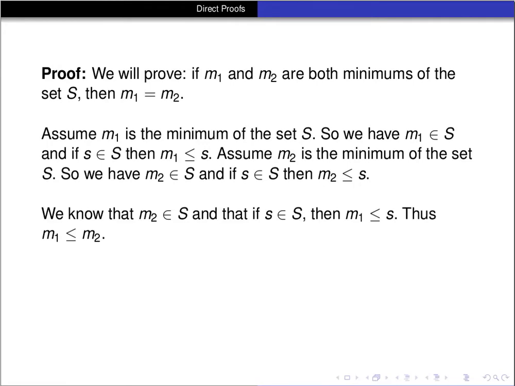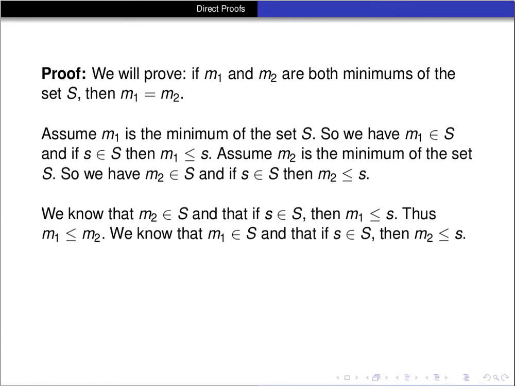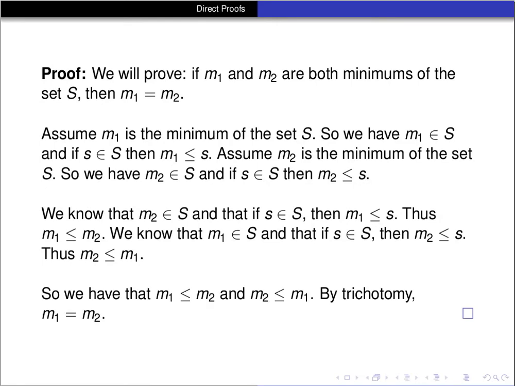We know that m2 is in S, and that m1 is less than or equal to anything in S, so it follows that m1 has to be less than or equal to m2. Also, we know that m1 is in S, and m2 is less than or equal to anything in S, so it follows that m2 is less than or equal to m1. Therefore, we have that m1 is less than or equal to m2, and m2 is less than or equal to m1, so it follows by trichotomy that m1 is equal to m2.